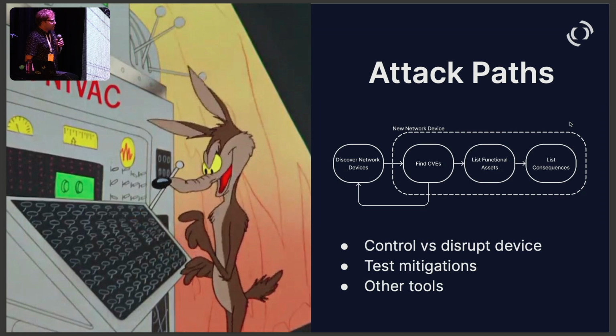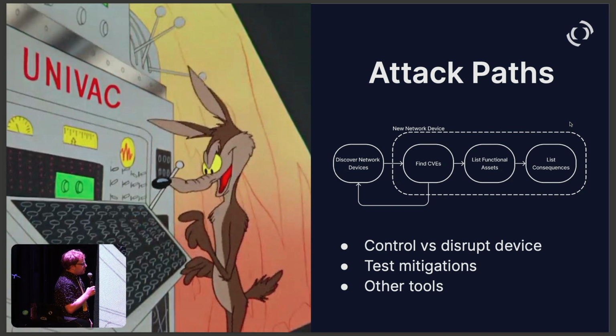But more exciting than that would be to actually set some agents loose on this graph and see what they can find. So with, again, just another simple Python script, you can have it start at one of your computer nodes and have it look for any networks that are connected to that device, other devices on that network, and then find CVEs on those devices which are remotely exploitable through the network, and sort of build up your graph of things that you have control over.